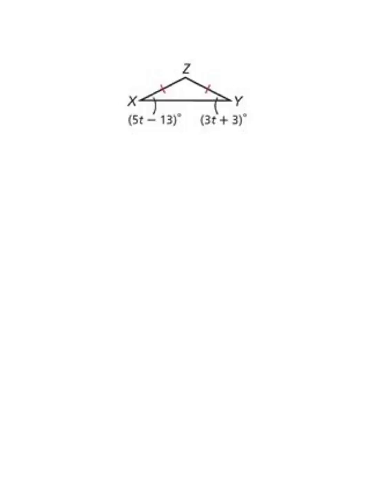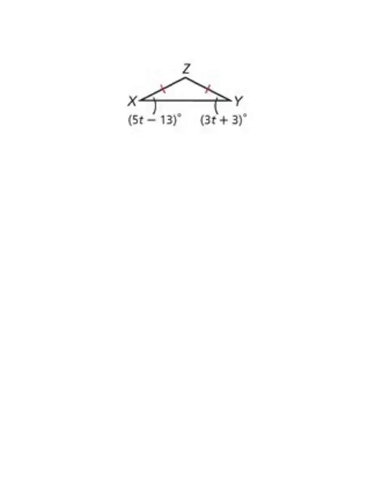If I look at triangle XYZ, I have two congruent sides. XZ is congruent to ZY, which makes this an isosceles triangle. By the isosceles triangle theorem, we know that the sides are congruent, so the angles opposite those sides are also congruent.